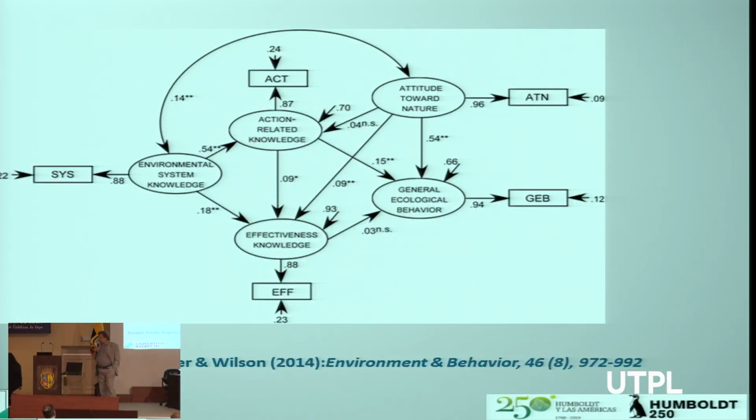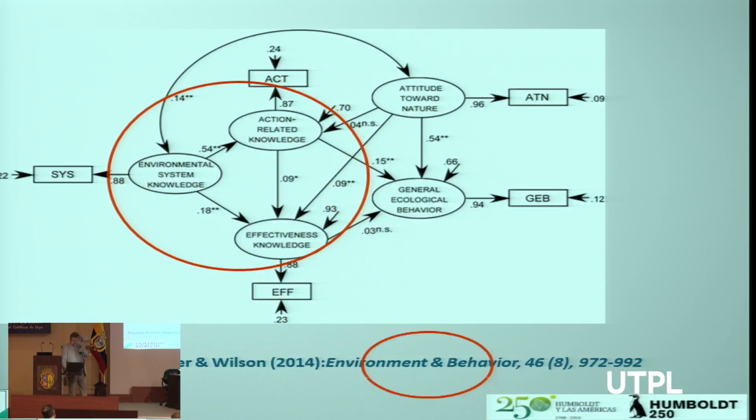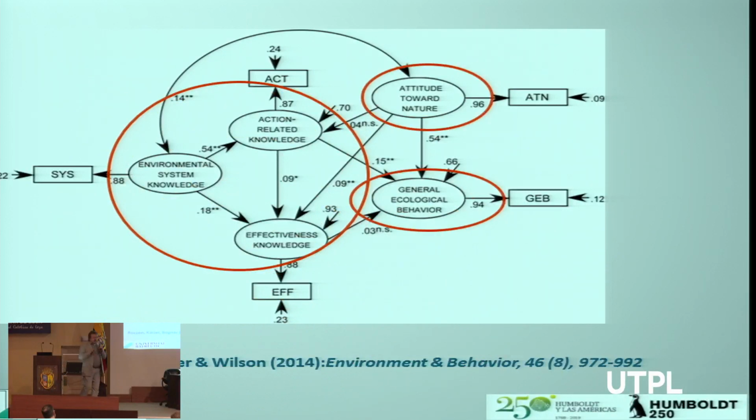This was the result of about 20 years of research, and of course I help you to make it understandable. You easily see that we have three columns. That means literacy has something to do with knowledge, has something to do with attitudes, and has something to do with behavior.